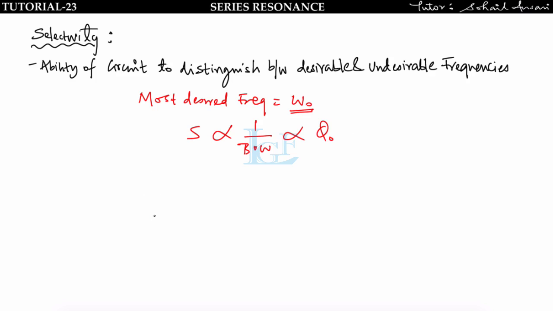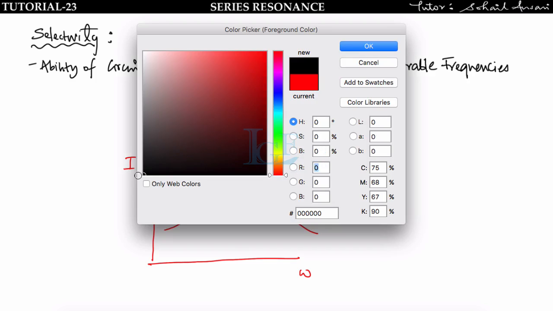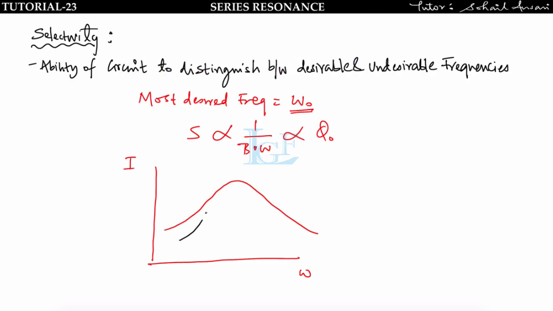So if we want to understand graphically, then let us take this current and frequency waveform like this. I have the frequency waveform of one RLC circuit like this and a second RLC circuit like this. Let us take the maximum current of both graphs as Imax only, right? So at Imax by root 2 I will get the cutoff frequencies.